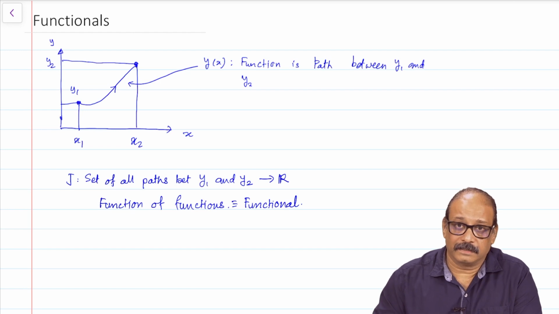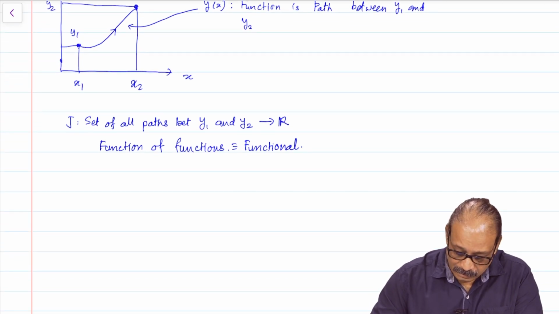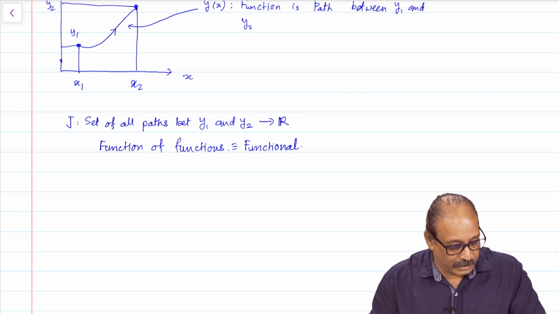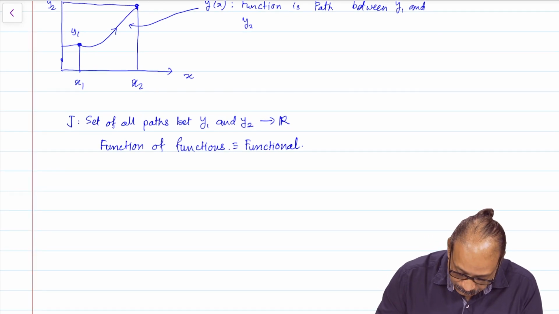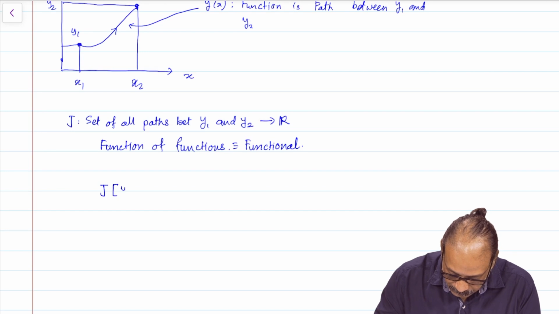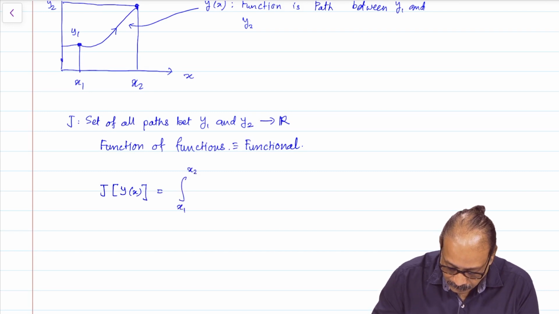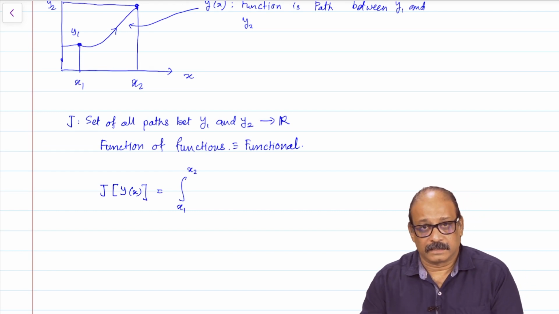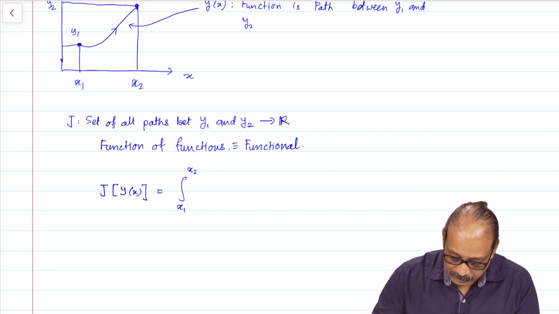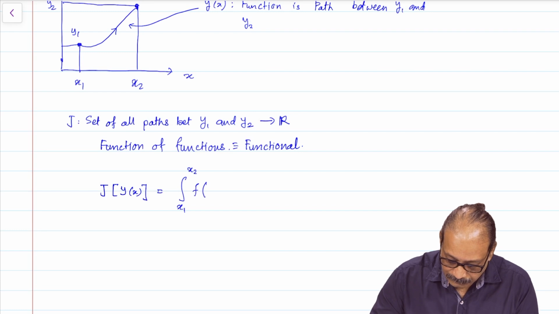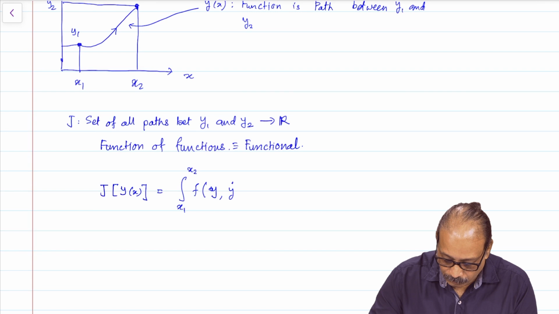So, I will define this functional of a very specific kind as J of y of x, the integral from x1 to x2 of some integrand which I will call f, and f is of course a function of y, y dot and x, dx.